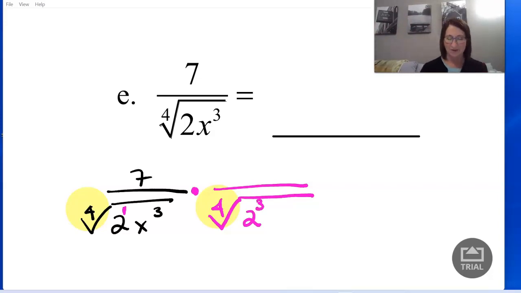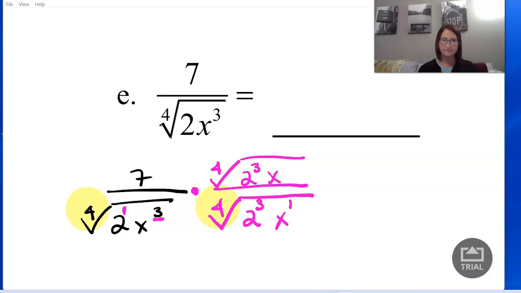Now I've got a factor of an x. I've got 3 of them. I need 4, so I need 1 more. So because that's what I'm multiplying the denominator by, I have to do the numerator by the same thing. Okay. So now I get in the denominator 2x.